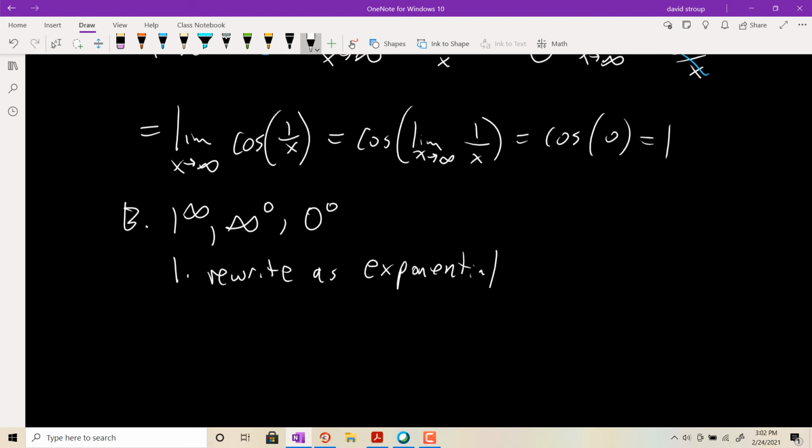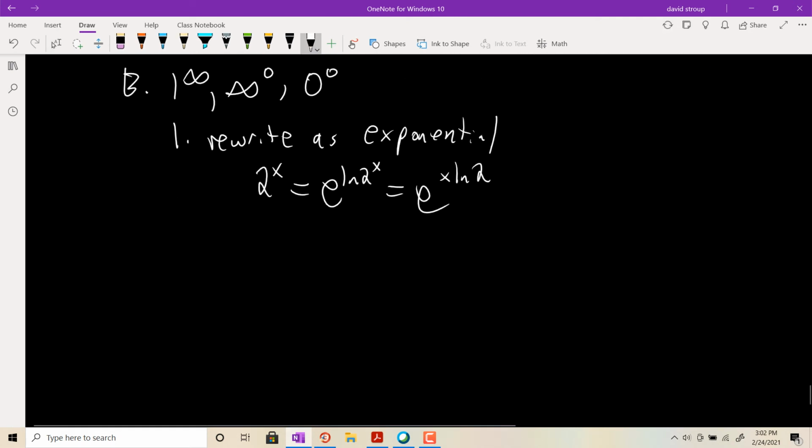Exponential. So how do I do that? If you have something like 2 to the x, you can always rewrite that as e to the ln of 2 to the x, and then rewrite that as e to the x ln 2. Secondly, after you do that, then you're going to slide the limit into the exponent.